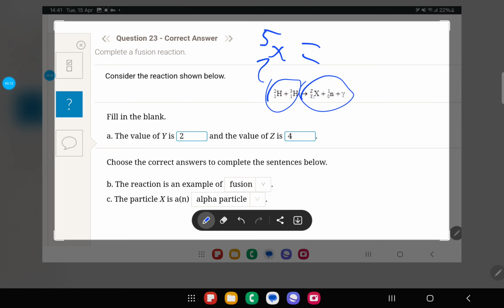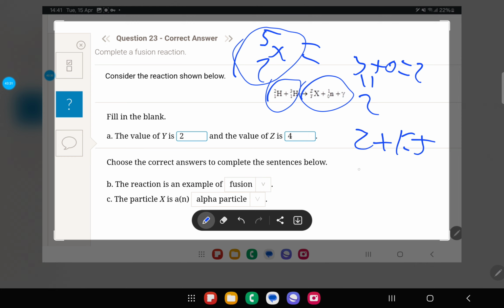We want the y and z now. To equal the value we got, y plus 0 equals 2, so y will be equal to 2, since 2 plus 0 is 2. Now, for z plus 1 equal to 5, z will be equal to 4. So 4 plus 1 equals 5. That's it.